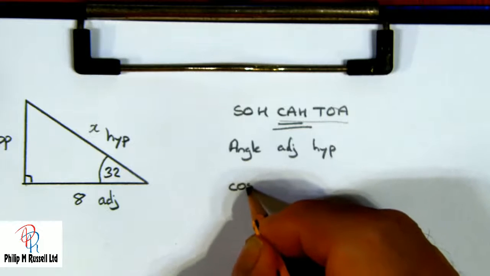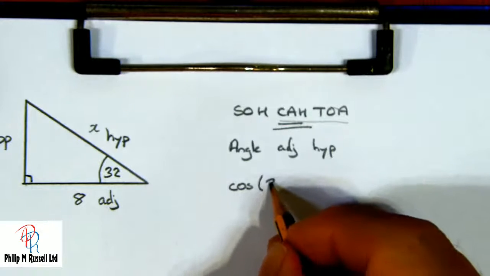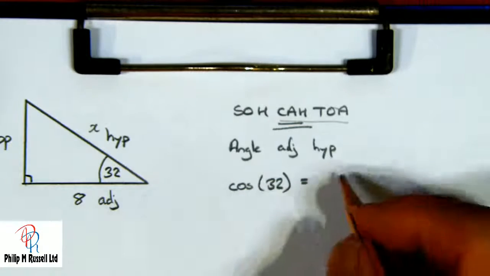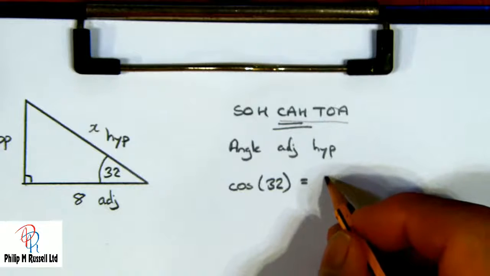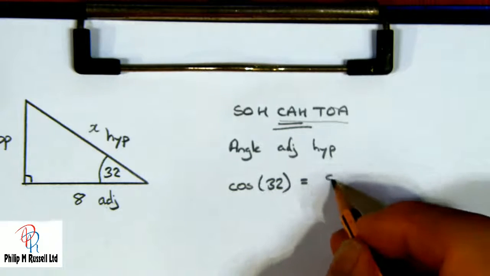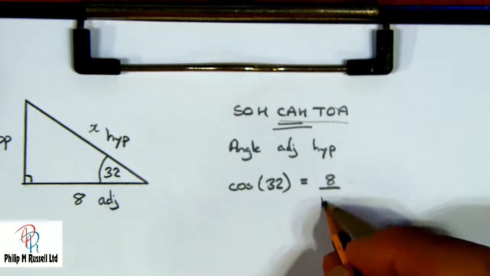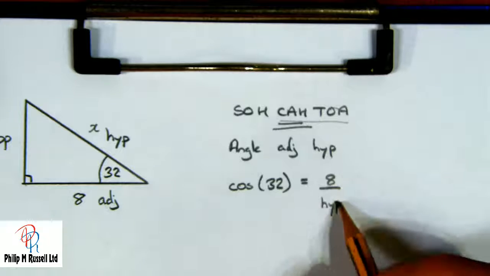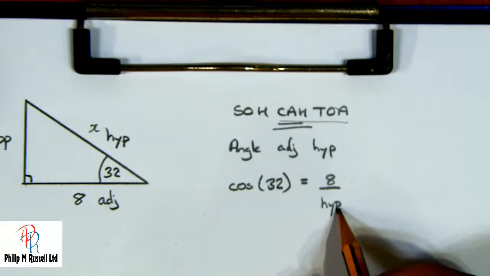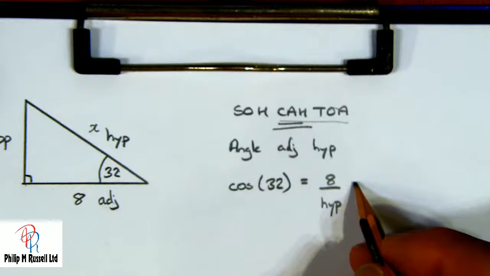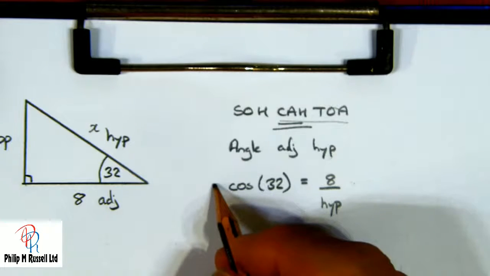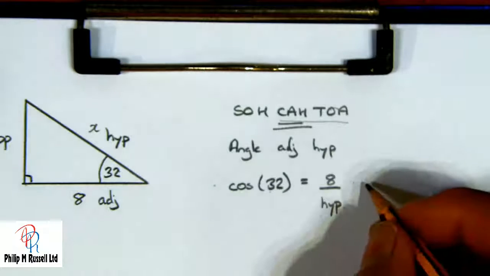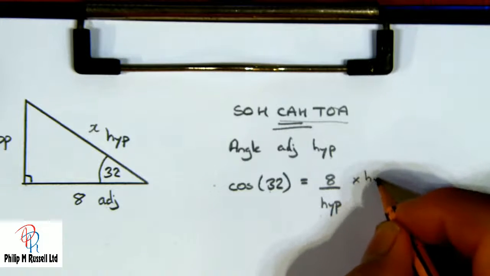So the cos of 32 is going to equal the adjacent over the hypotenuse. My adjacent is 8, and that goes over my hypotenuse. It's the same problem as we had before: what we did last time, we multiplied by the hypotenuse, brought it up there, and then we divided by the cos. Let's do all that in here.